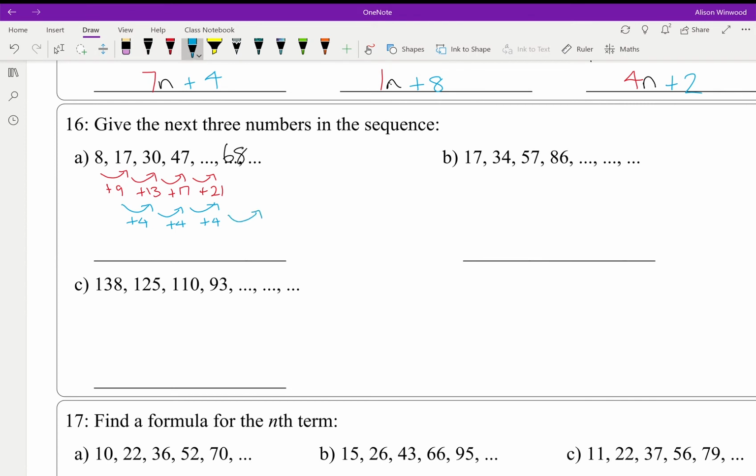Then add another 4, takes me to adding 25. 68 add 25 is 93. Then add another 4, makes 29. Add 29, takes me up to 122.